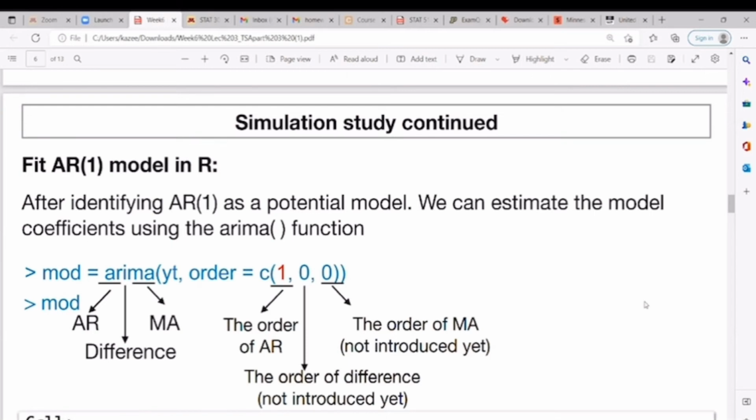Just like with linear regression data, where you have a Y and X and you basically want to fit a linear regression model, which I walked you through in R, we also want to do the same now.